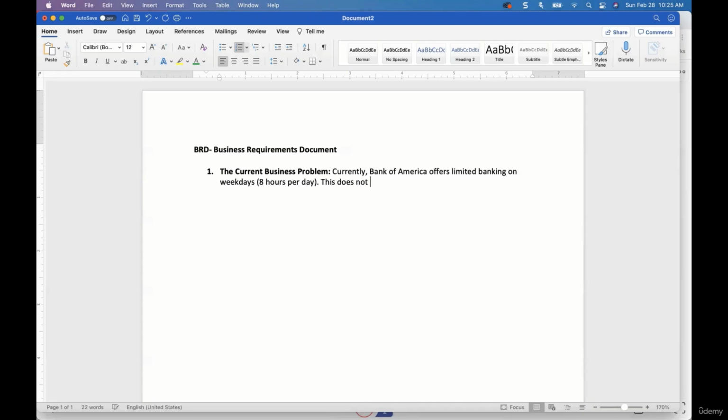This does not provide enough service hours for the customers, as the bank is not open in the evenings as well as on the weekends.